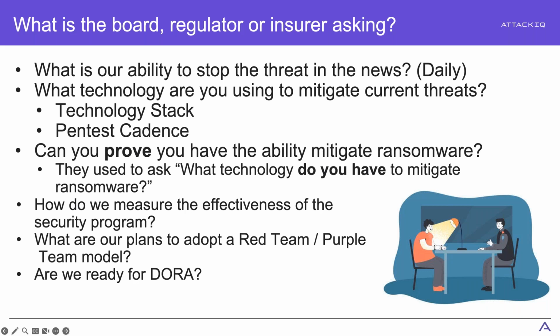But what's changed, and if you haven't noticed this, you probably will soon, is that the question has shifted quite a lot. Instead of asking what technologies are you using, they're asking, can you prove you have the ability to mitigate ransomware, or fill in whatever threat? That's a very, very different question to answer in order to provide that capability. Essentially, they want you to showcase your ability to do that.